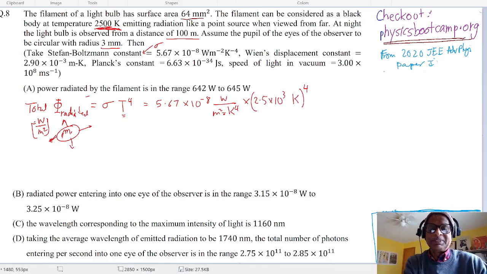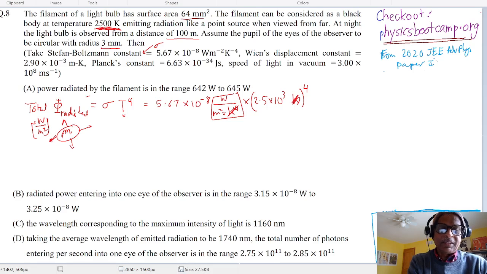So all of the Kelvin to the power 4 will cancel out, and what you will be left with is watt over meter square. Okay, so I'm going to do this calculation and we'll be back.